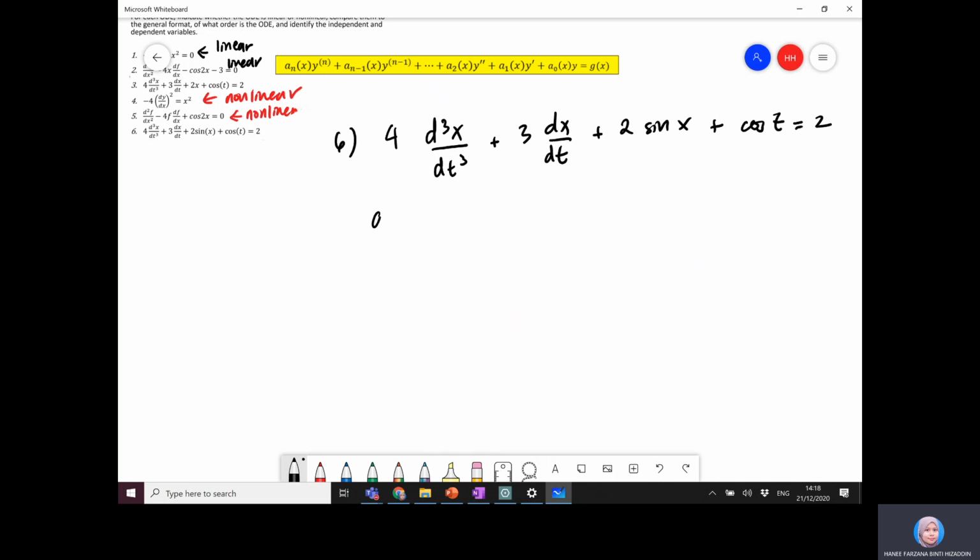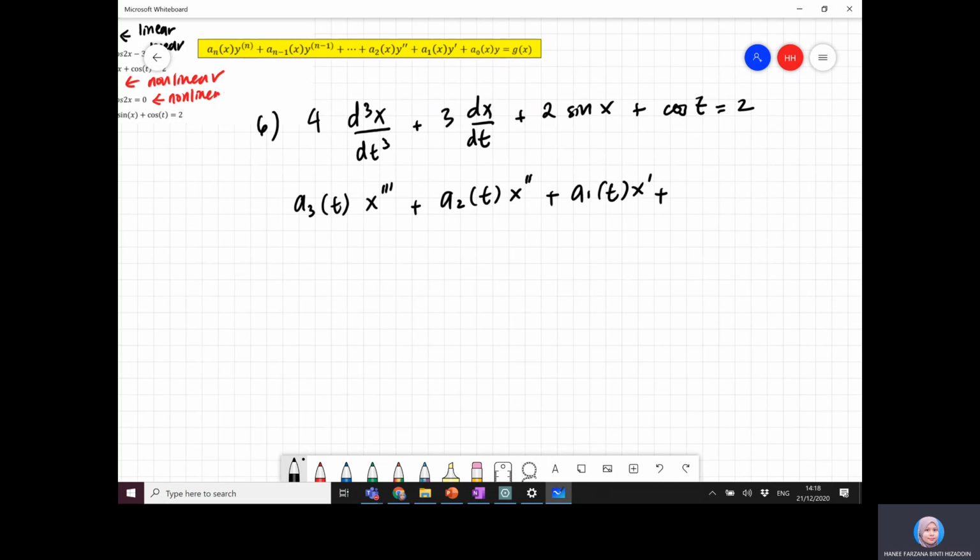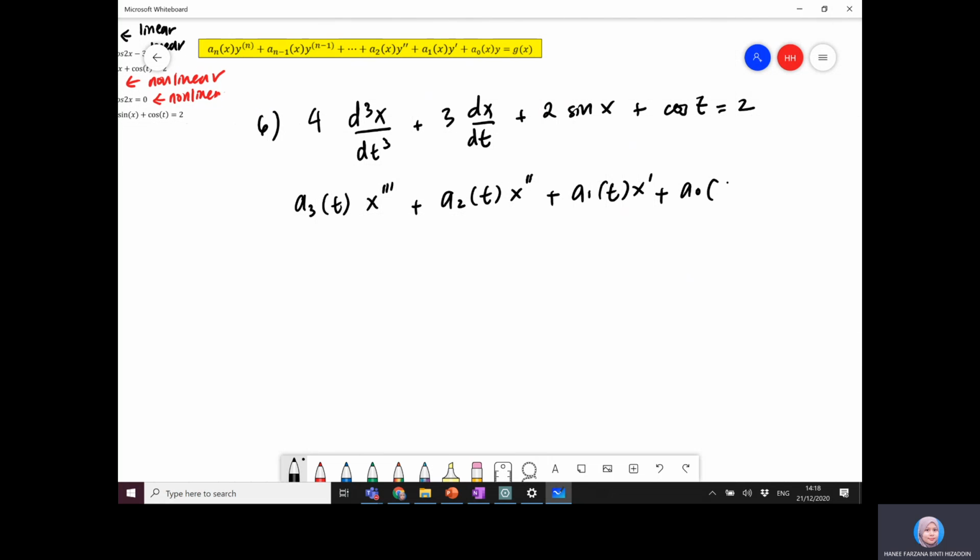You want to compare with the third derivative, a3 as a function of t, because t is now the independent variable. X triple prime, a2 x double prime plus a1 x prime plus a naught x equals g of t.